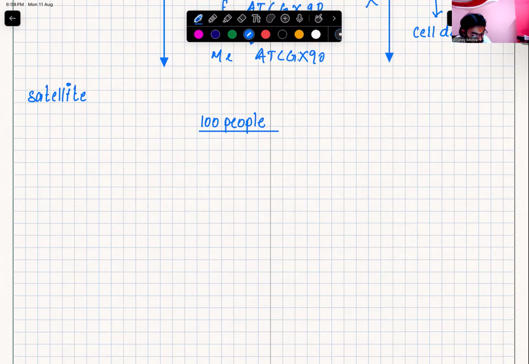And what do I want? I want one person who has a horn coming out of the head. What do you call this? Mutation.